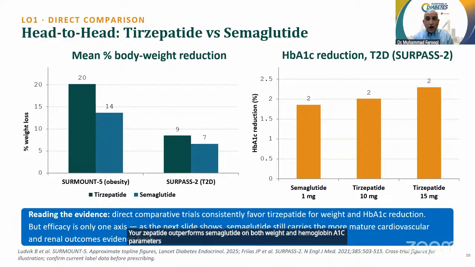Efficacy is only one axis. It is not the whole story. As we move to the next slide, we'll look at the cardiovascular and renal outcome trials where semaglutide still carries a deeper evidence base. Keep that in mind as we move forward: the most effective agent on these charts and the one with the best evidence for your patient's specific risk are not always the same agent, which can give you both.